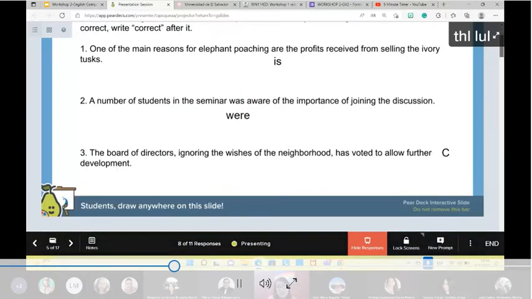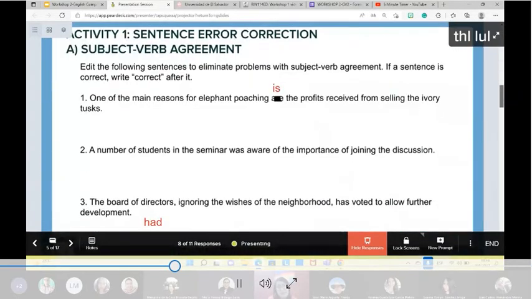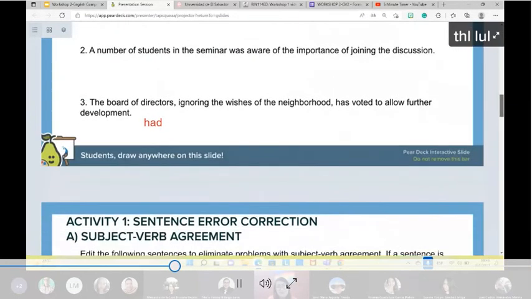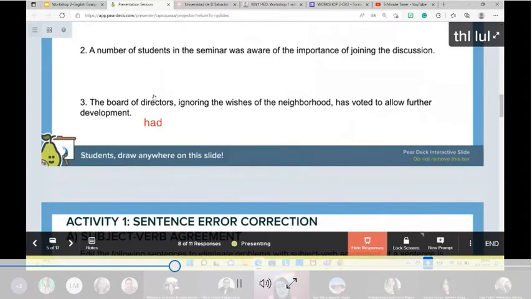So let's move on. I see where is. Here we don't need "had." We are just fine with the board of directors, which is our subject, and "has," which is the verb, "has voted," the verb of our sentence. And the information between commas is something that we call a positive.